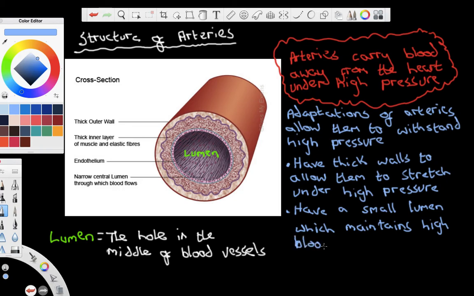We'll explain why that's important next lesson. But for now, you just need to know that they have this tiny lumen which maintains the high blood pressure.